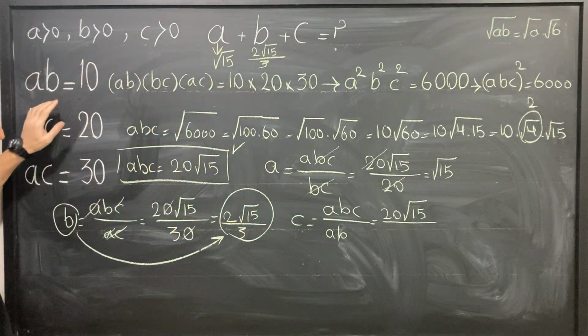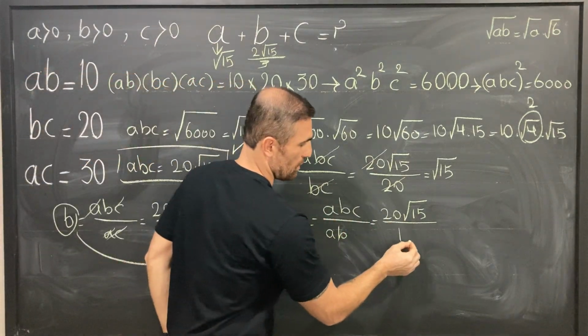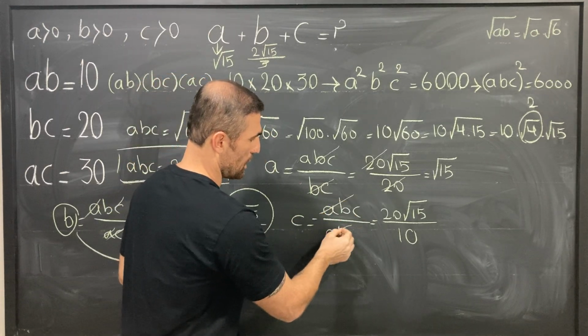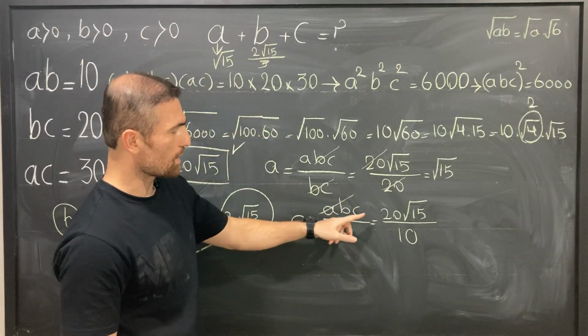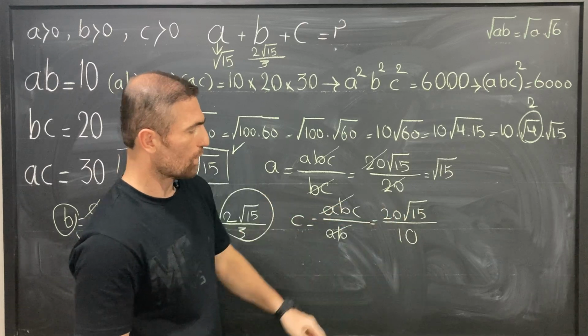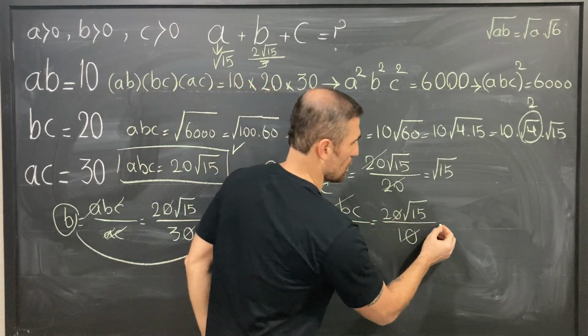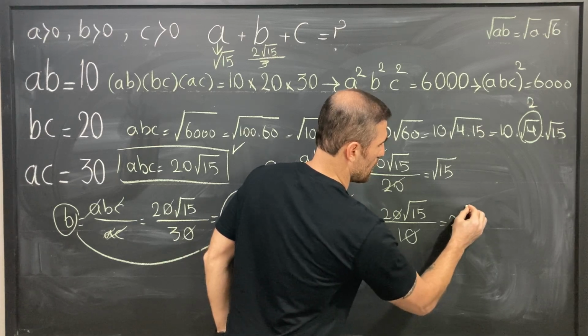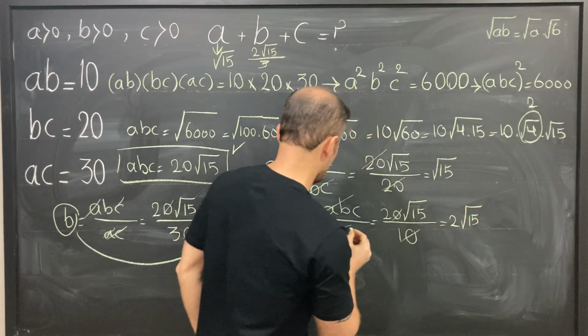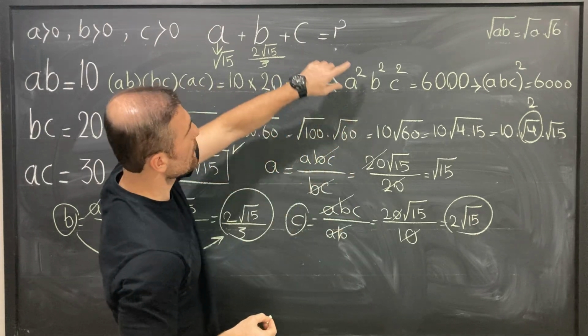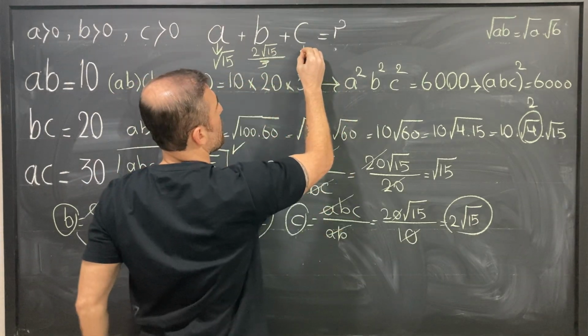The question says 10. So this ab can cancel off. c equals 20 square root of 15 over 10. This one cancels off, so it is going to be 2 square root of 15. And this is the value of c. So c is 2 square root of 15.